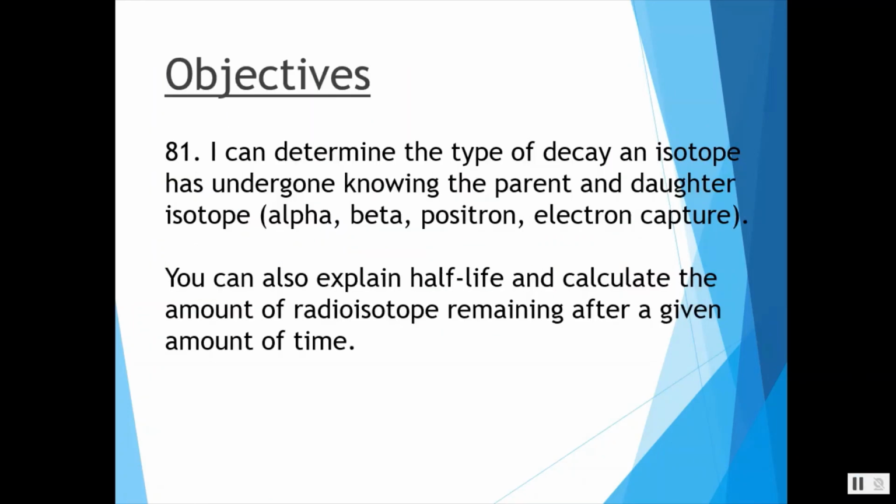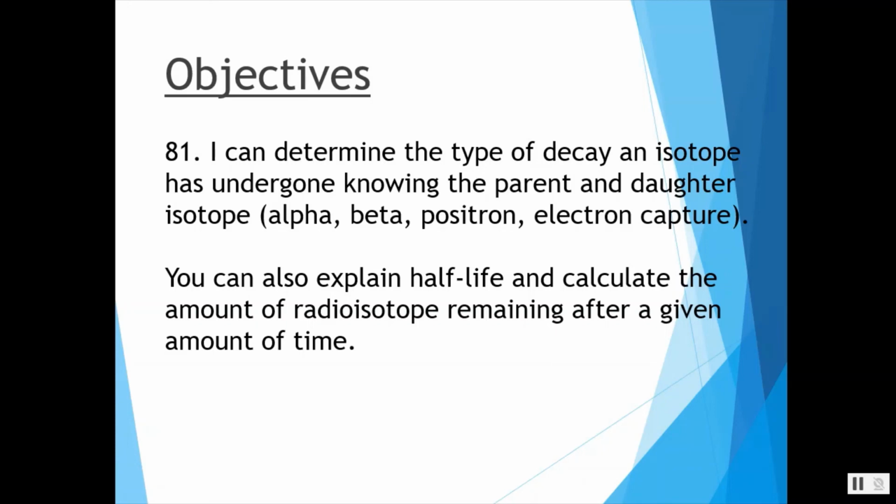So from this lecture and the last one, the objectives we've discussed are that you can determine the type of decay an isotope undergoes when you're given both the parent and daughter nuclides, or predict products if you know the type of decay.